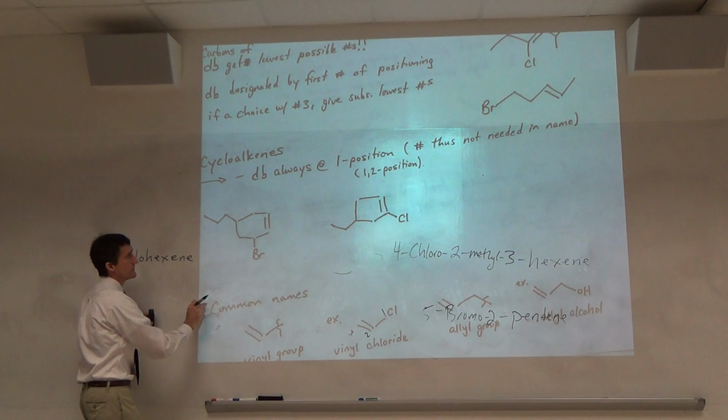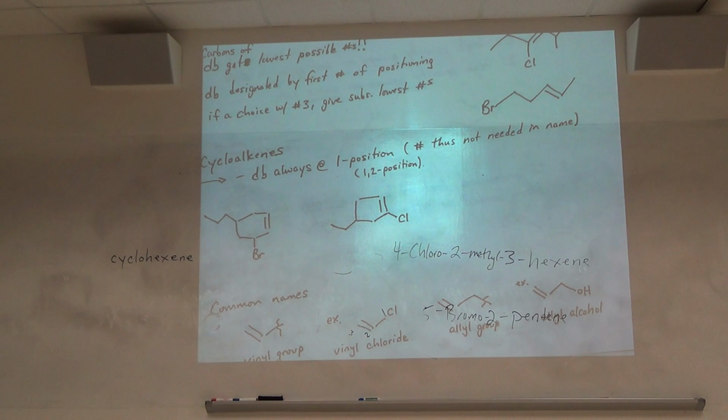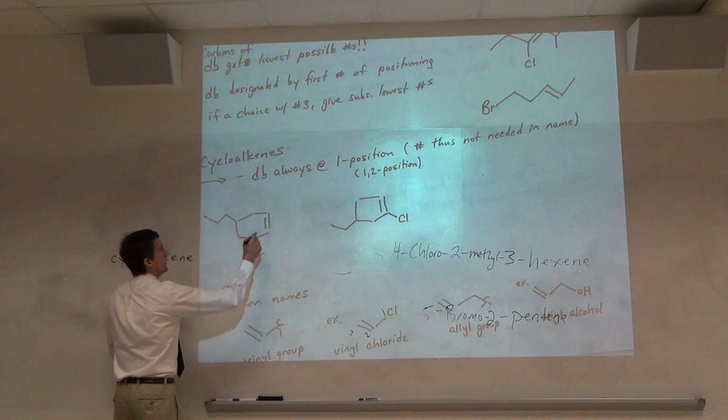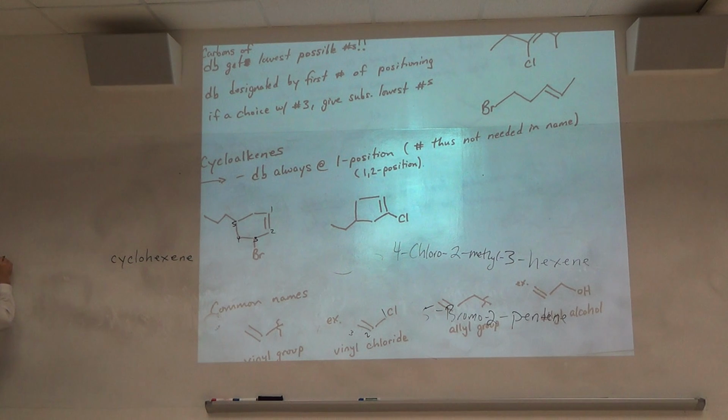What's on there? What are the numbers for the bromine and the propyl? 3, 4, 5. I guess you could go bromine at the 2. What's the position of the bromine? 3. 1, 2, 3, 4, 5. 3-bromo-5-propylcyclohexene.